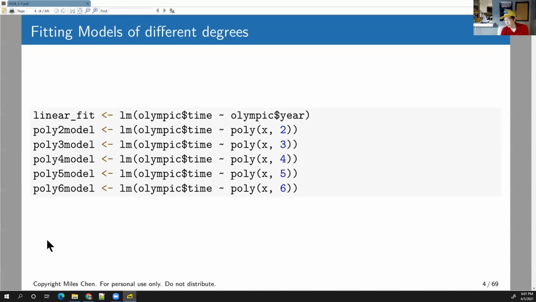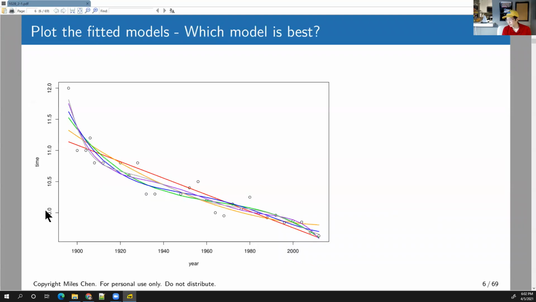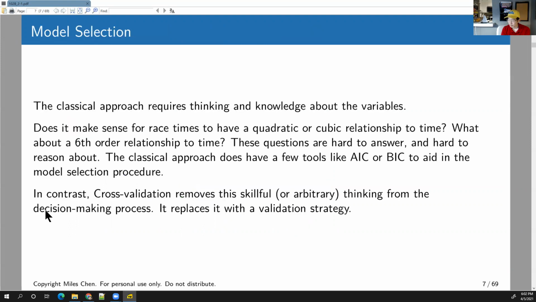We fit a linear model, a quadratic, a cubic, and polynomial models of degree 4, 5, and 6, just to see how these things fit. This is where we left off, and we asked: which model is the best model? Which model should we have used here?